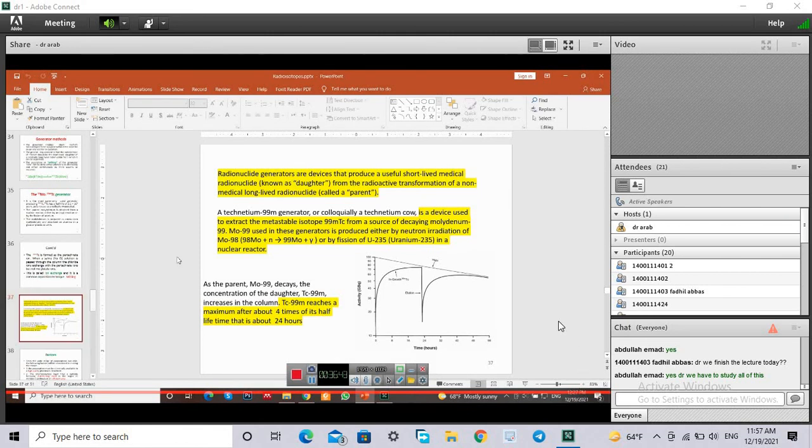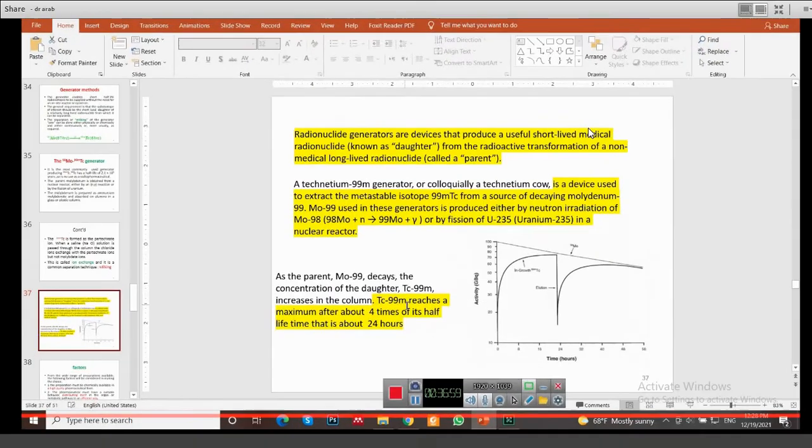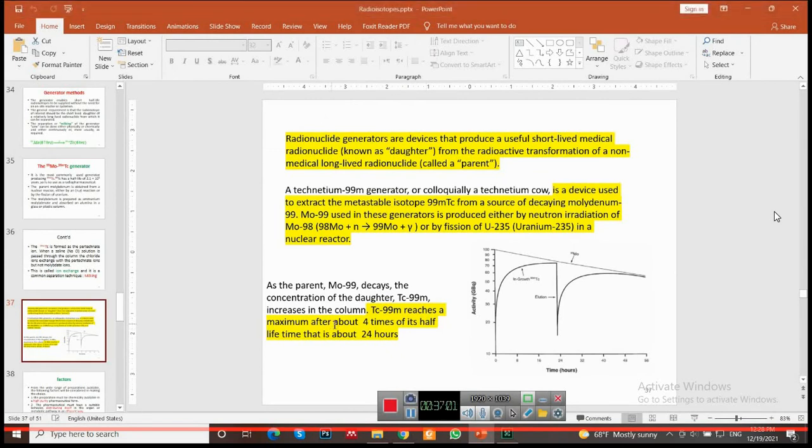As molybdenum-99 decays, the concentration of the daughter technetium-99m increases in the column. As you can see, when the molybdenum is decaying, the concentration of technetium-99m is increasing. Technetium-99m reaches a maximum after about 4 times its half-life.